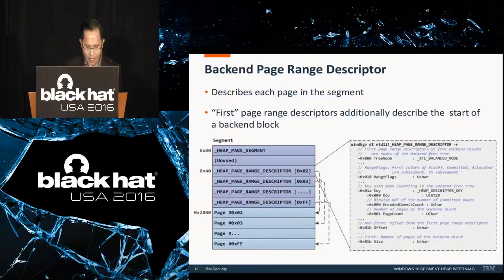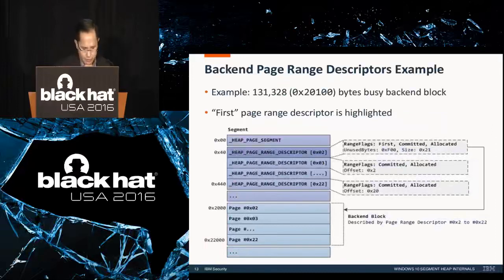Finally, another important item to discuss is that for free backend blocks, their first page range descriptor is inserted to a backend free tree. And when inserting the first page range descriptor, the key field here is used. I'll further discuss the backend free tree and the key field in a later slide.